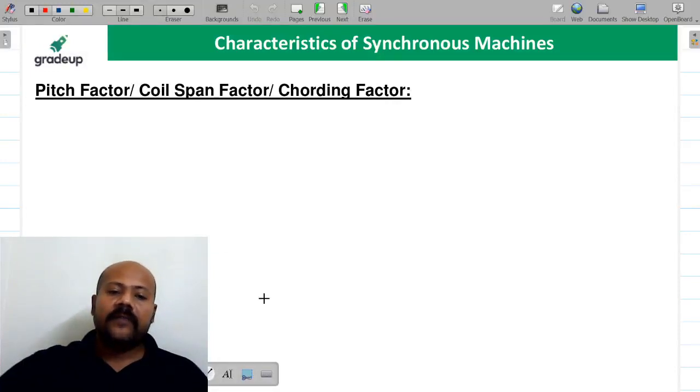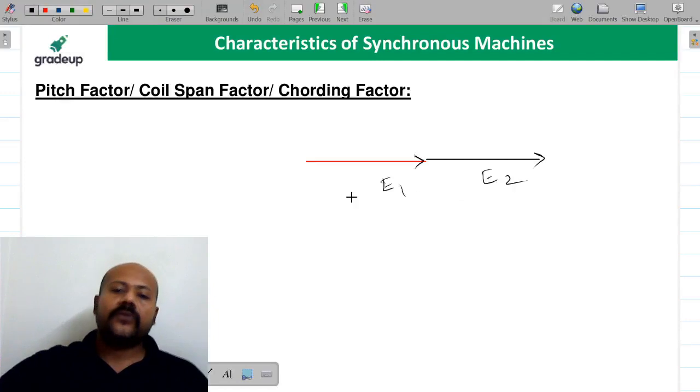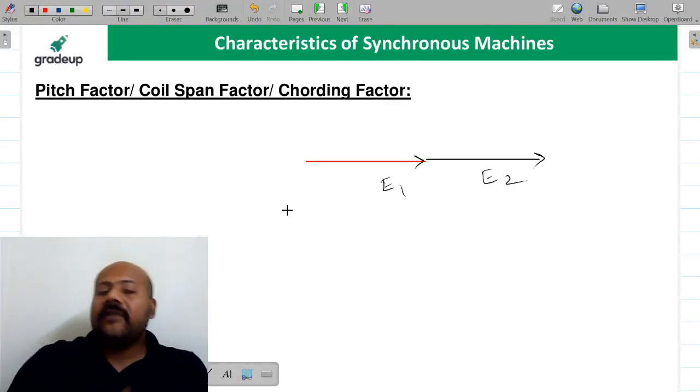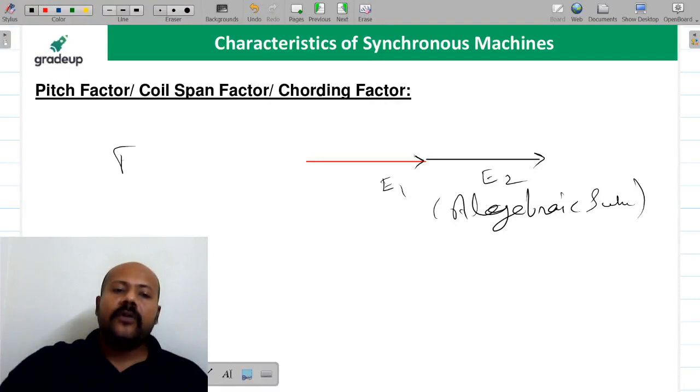For the full pitch coil it is going to be something like this. This is E1 and this is E2, they were in phase, so they were simply adding. It is the algebraic sum when it is the full pitched coil.